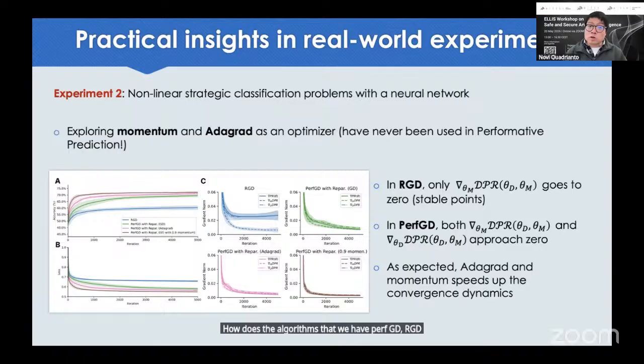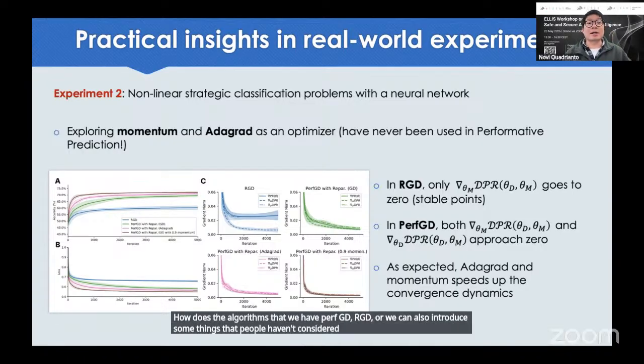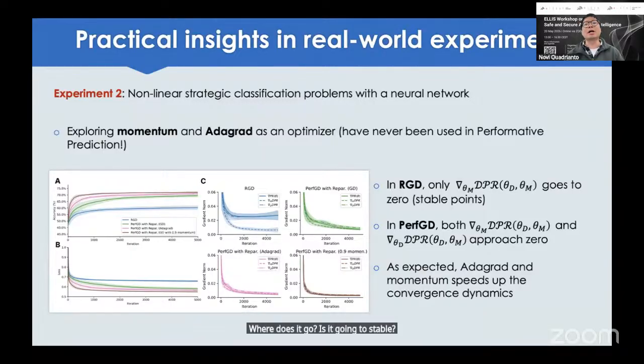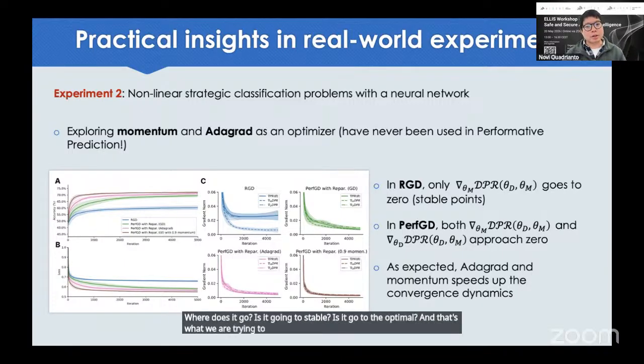We can also introduce things that people haven't considered before, using momentum and Adagrad as an optimizer. What is the effect of that in terms of convergence of the algorithm? The theory doesn't show anything here because it doesn't fit the strictly convex condition. Where does it go? Does it go to the stable point? Does it go to the optimal? That's what we are trying to reveal with this technique.